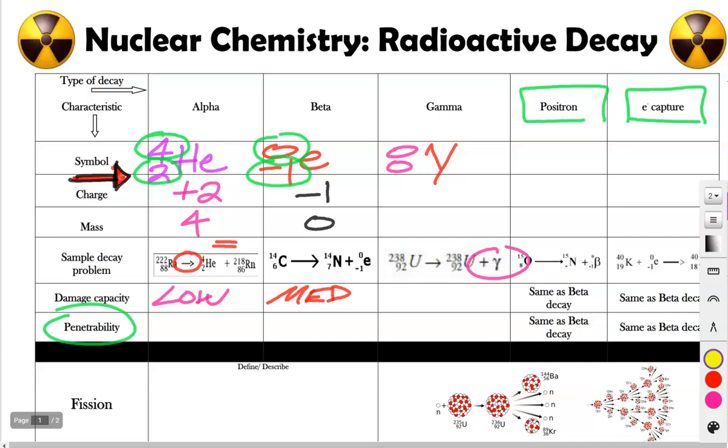If you look, double zeros means that this is not going to be having a change in charge nor a change in mass. This is just an energy change. And so it's not that it's unimportant, because the energy is important, as we'll see in a minute, but it's not going to change anything in terms of the actual nuclear or atomic symbol.